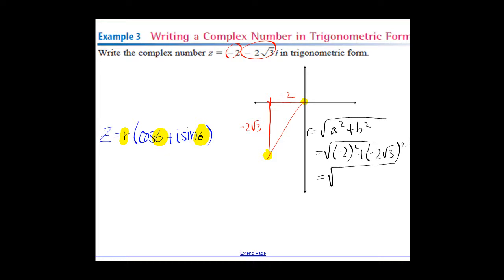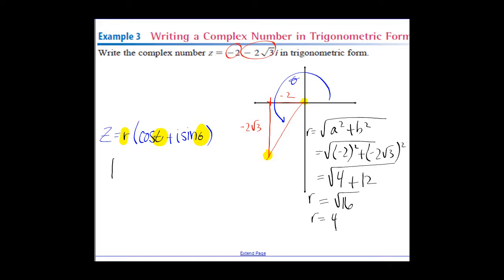So underneath the square root, I've got 4 plus, let's see, 2 times 2 is 4, root 3 times root 3 is 3, so 12. So it looks like my r value comes out to the square root of 16, or r comes out to 4.